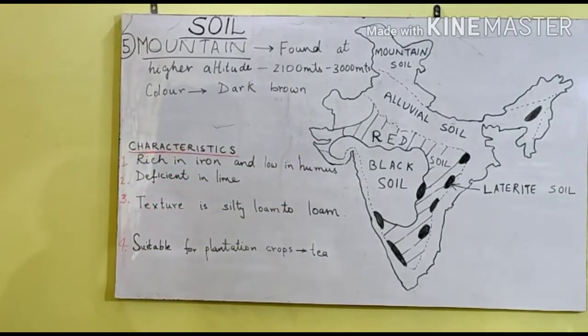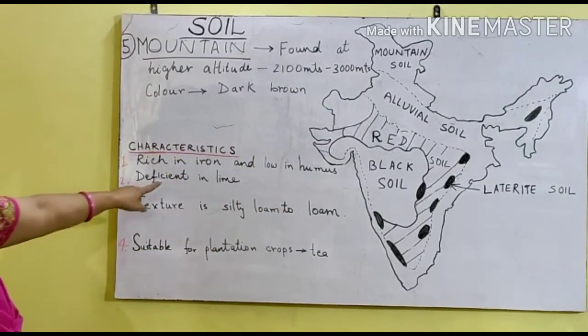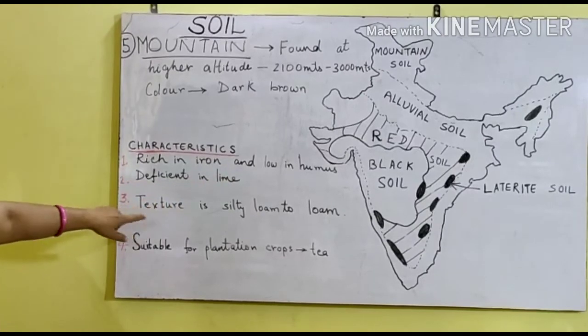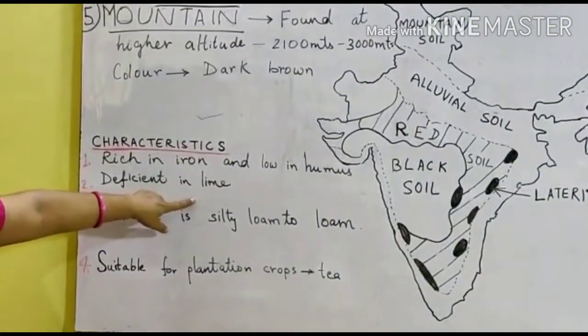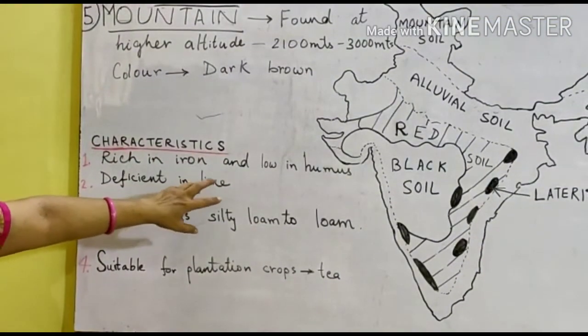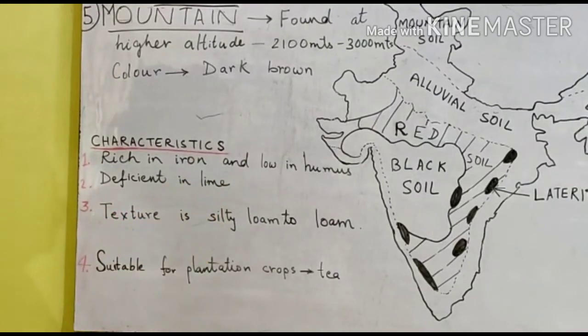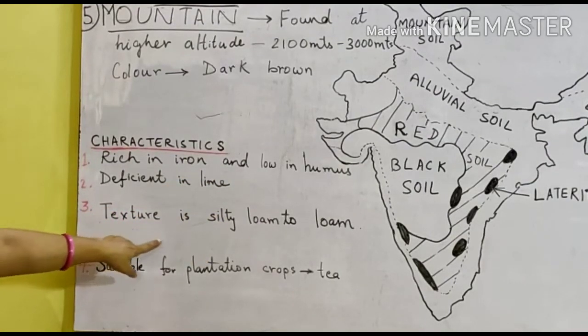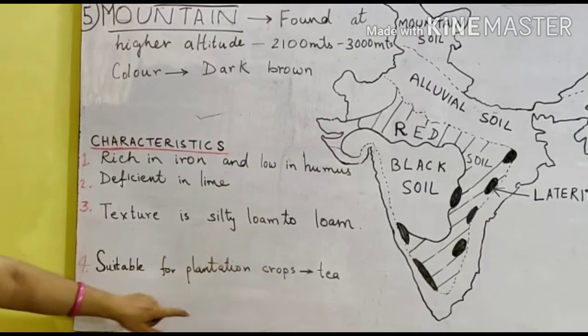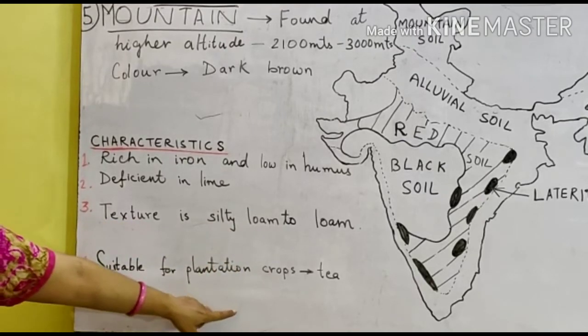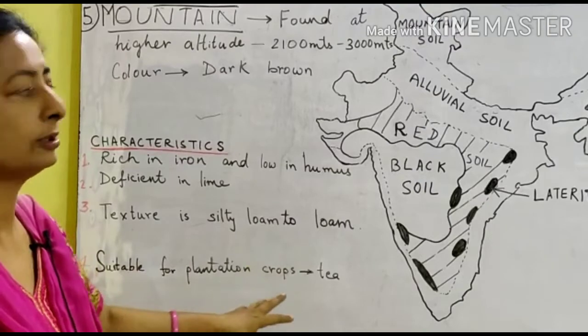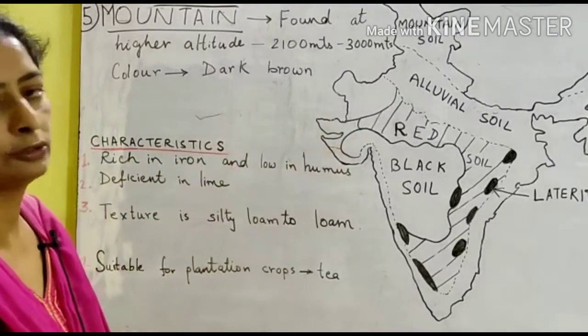And the characteristics of the soil: they are rich in iron and low in humus. They are deficient in lime. There are certain characteristics which are common in all of the soils in India. The texture is silty loam to loam, and they are suitable for plantation crops, especially tea. That is, tea is grown in this mountain soil.